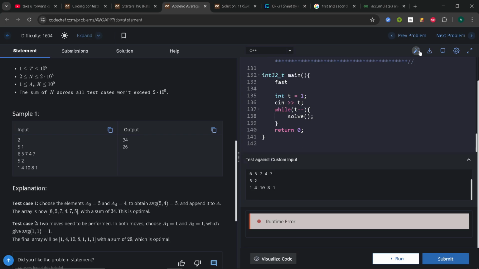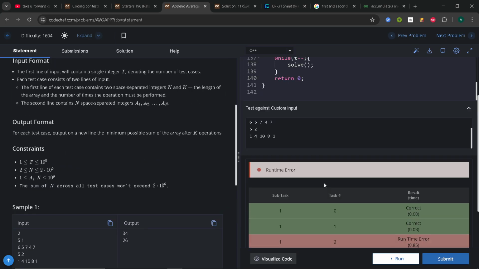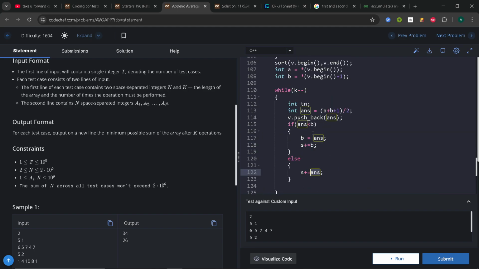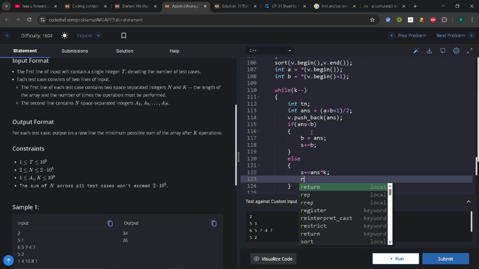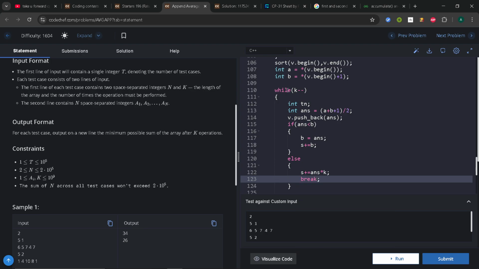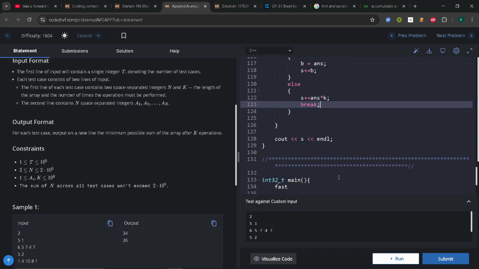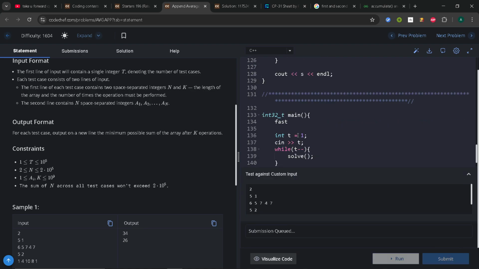Let's just see if the submission works. Runtime error. Answer into K, break. Okay, let's see now.